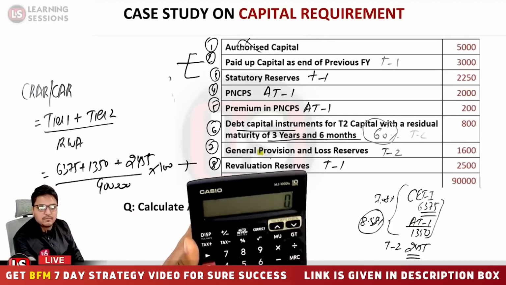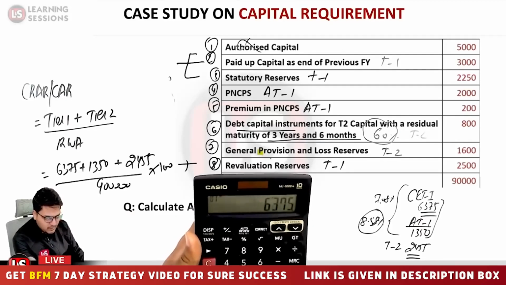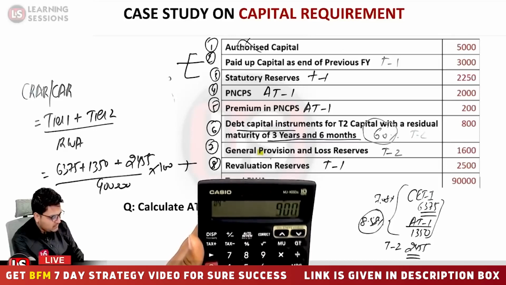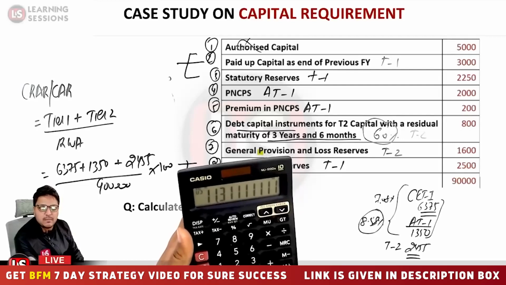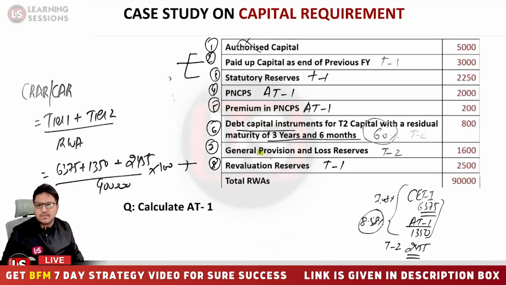That is 6375 plus 1350 plus 2455 divided by 90,000 multiplied by 100. So that is a percentage, and it is 11.311%. Is that particular part clear?